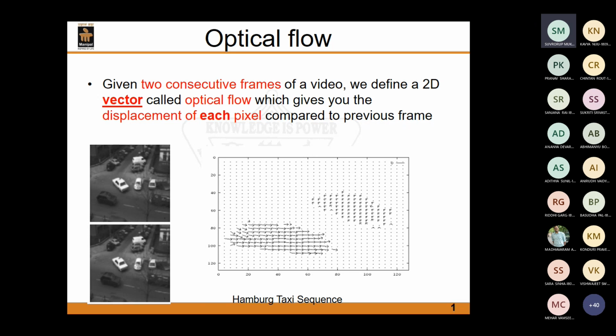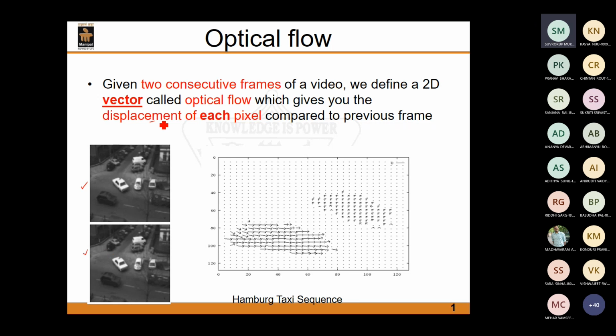What we are trying to say over here is, let us assume two different frames. I have frame one here, and I have the next consecutive frame here. So I'm considering two frames taken from a video sequence, and in these two frames I'm trying to calculate how much displacement there is for each of the different pixels.